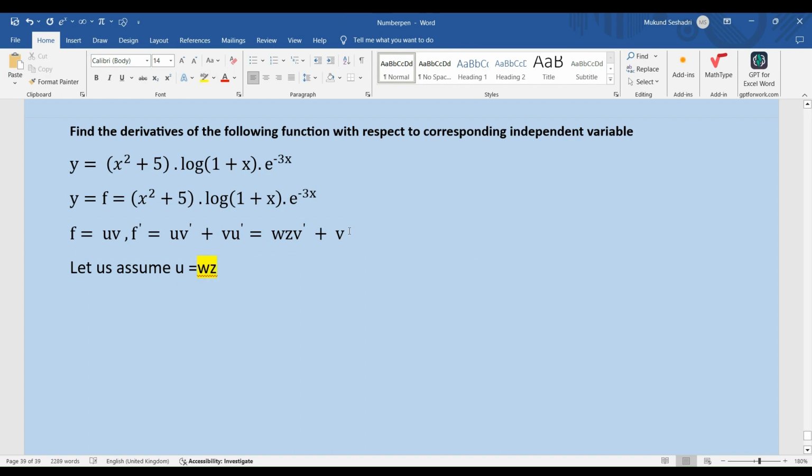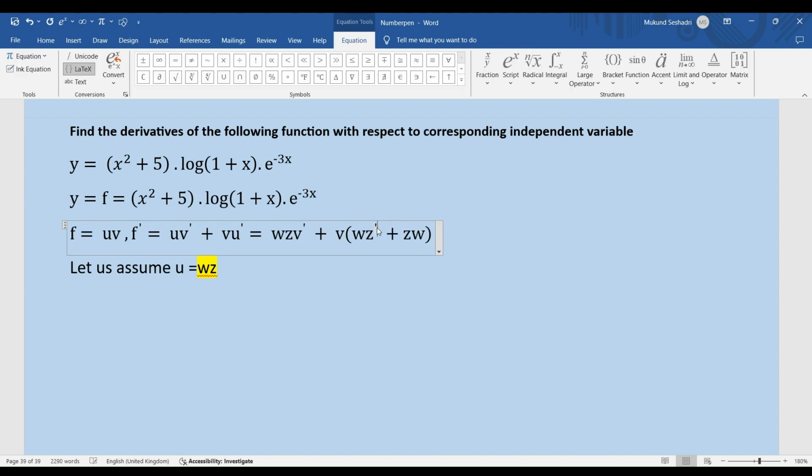So what is my wz? My wz is equal to u, and therefore my u dashed, again I apply the product rule of differentiation. That makes it wz dashed plus zw dashed, right? So now you see, what do we get? We get our final expression.